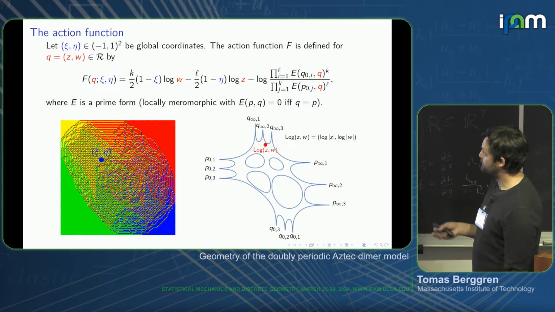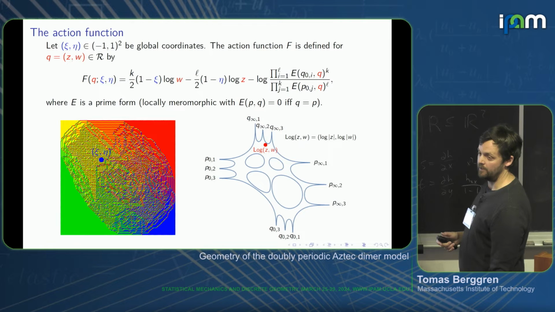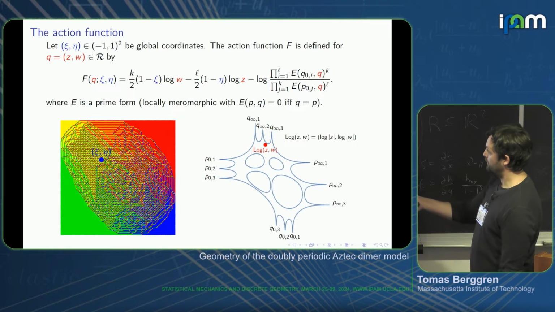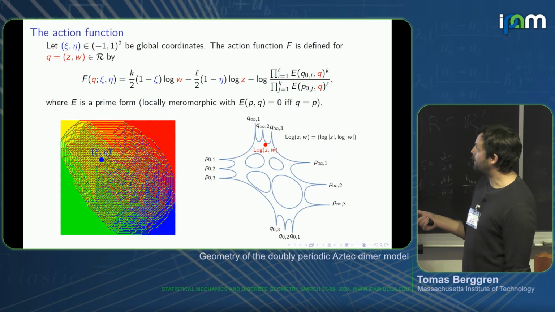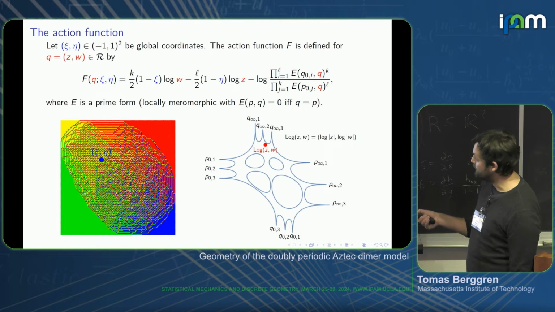It has some part which is rather easy and one part which is slightly more complicated. So the action function is given by this formula: k over 2, 1 minus psi, log w, minus L divided by 2, 1 minus eta, log z.